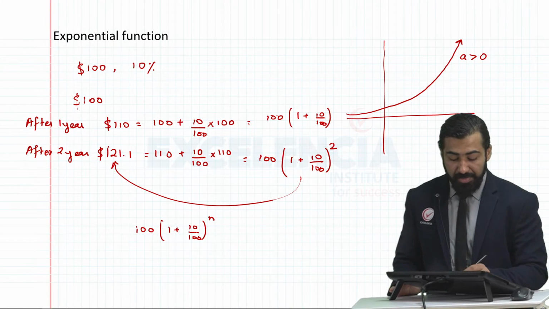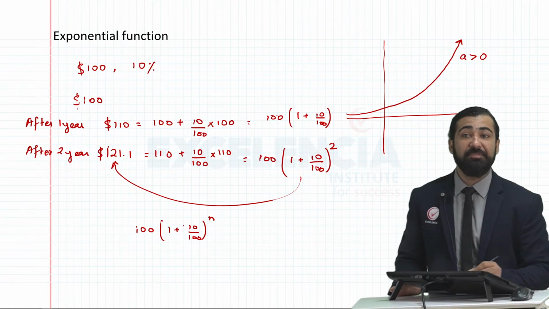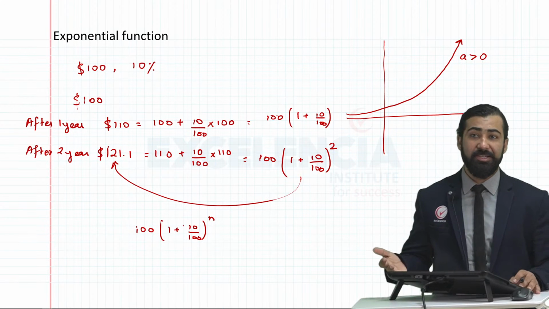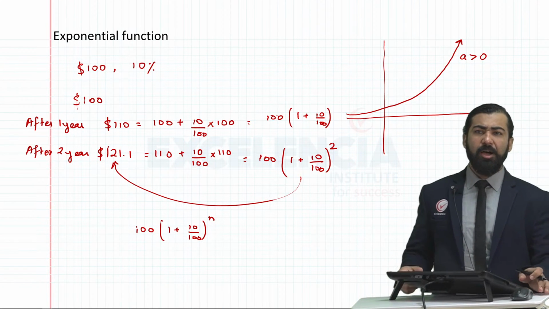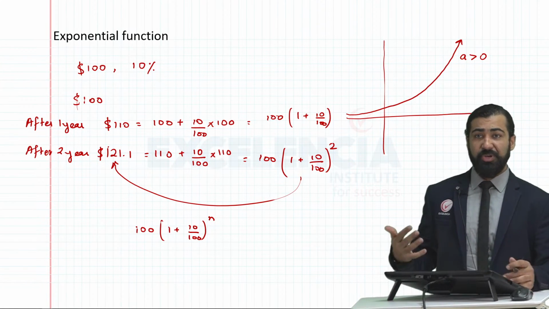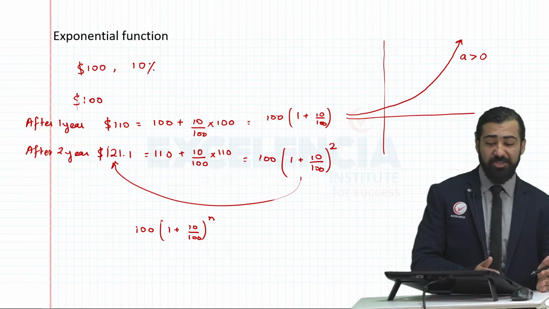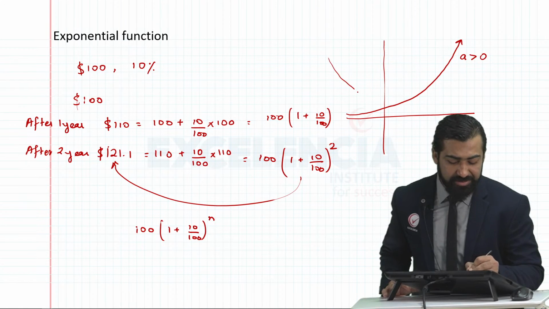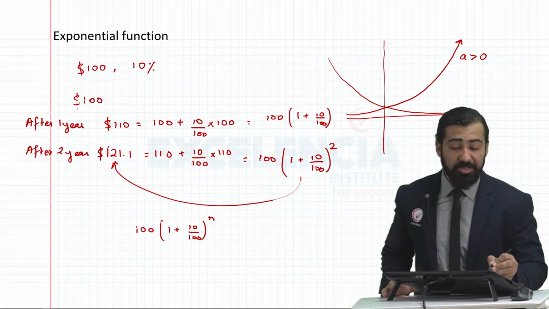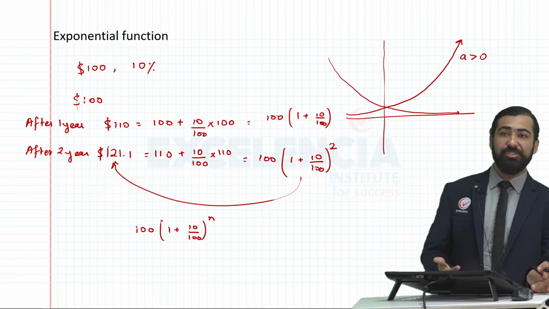Whereas if my interest were negative, let's say we were talking about the population of tigers in India. The population of tigers in India was dwindling over the years. If I were to represent that using an exponential function, perhaps my graph will go like this. Over the period, the number of tigers was reducing in India.